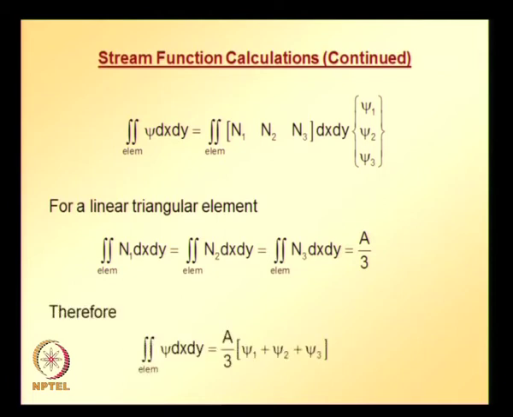So, substituting this, the integral of psi over the entire element can be approximated as the area of the triangle element divided by 3, or the area of the triangle element multiplied by the average value of the stream function at all the nodes, that is A over 3 times in brackets psi 1 plus psi 2 plus psi 3, as shown on the right hand side of the last equation.